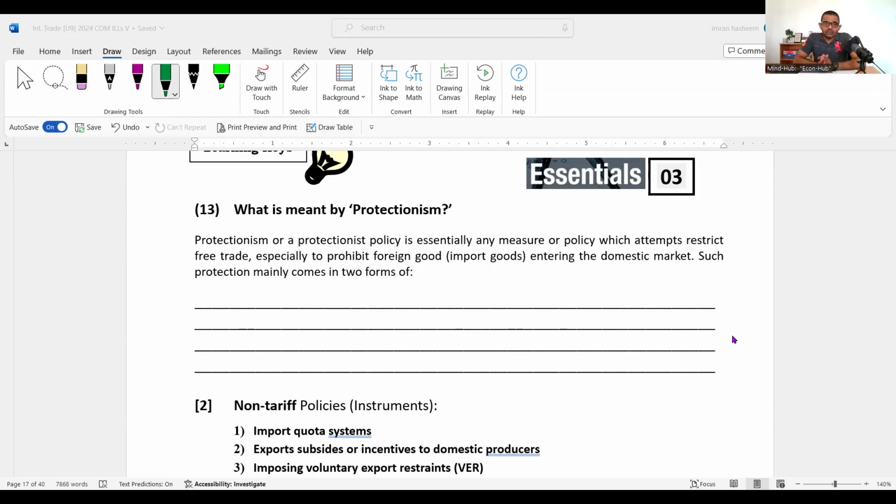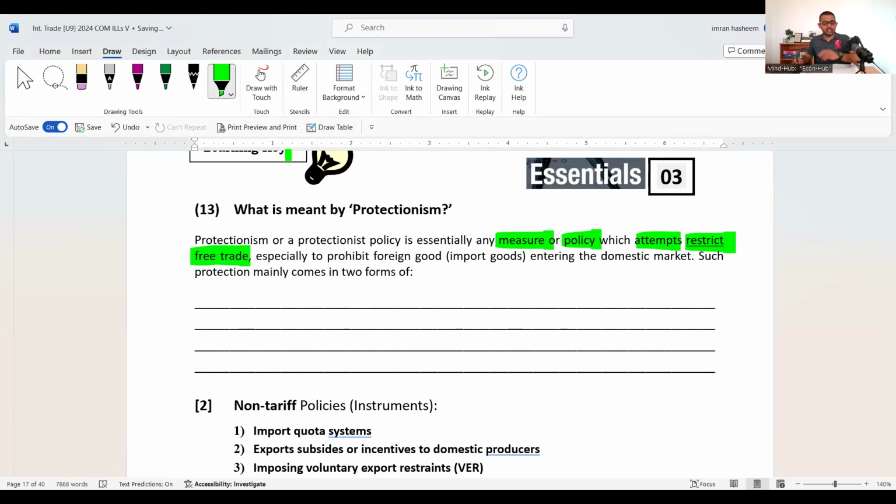If you are looking for a very simple, practical definition of protection or protectionism, we could say it is any policy, any measure, any step taken with the intention of restricting free trade.